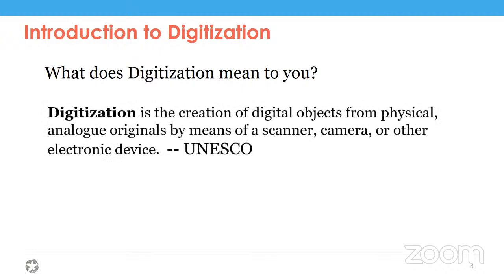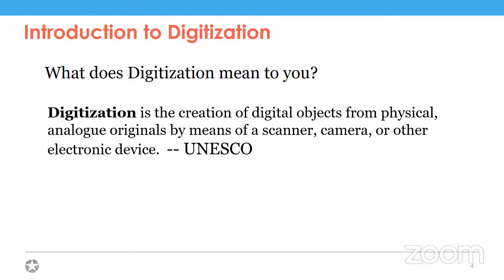So we have a couple of definitions of what digitization is. This one from UNESCO says digitization is the creation of digital objects from physical analog originals by means of a scanner, camera, or other electronic device. So literally taking your physical paper originals and using some sort of digital optical system, turning it into a digital file.